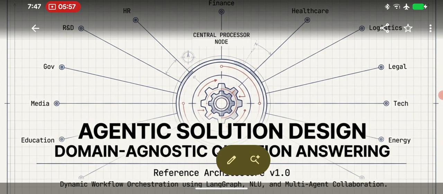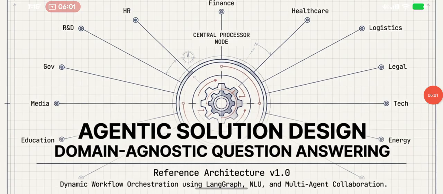Whenever we interact with ChatGPT or solutions like Perplexity, one can ask questions on any domain. It could be education, media, governance, R&D, HR, finance, healthcare, and so on, and the system is still able to respond. There are two kinds of solutions.